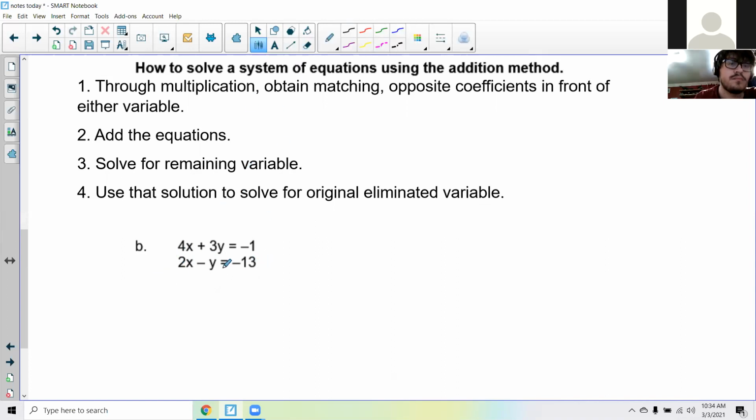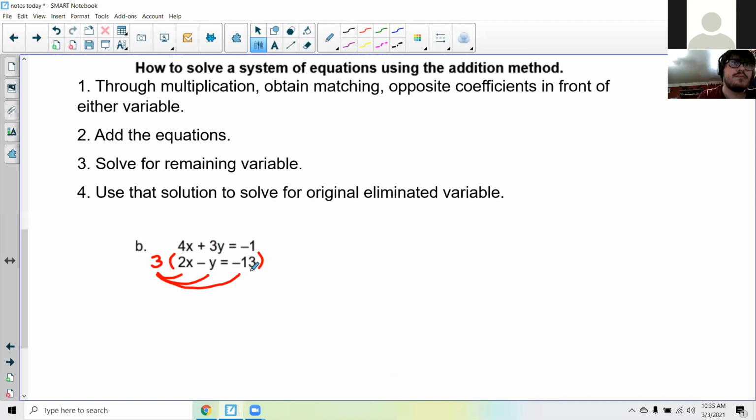I could also multiply the bottom equation by +3, in which case I'll have a positive and -3y. Doesn't matter, it's a personal preference. So let's just go with the 3. I'm going to distribute this 3 to every single term in that second equation.